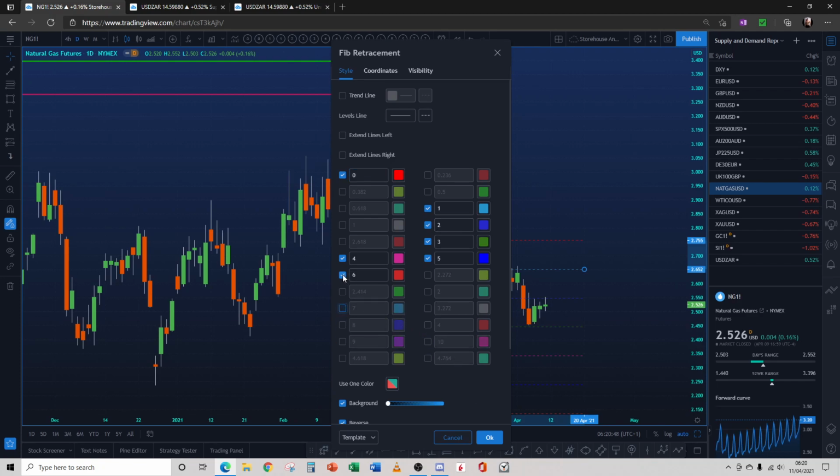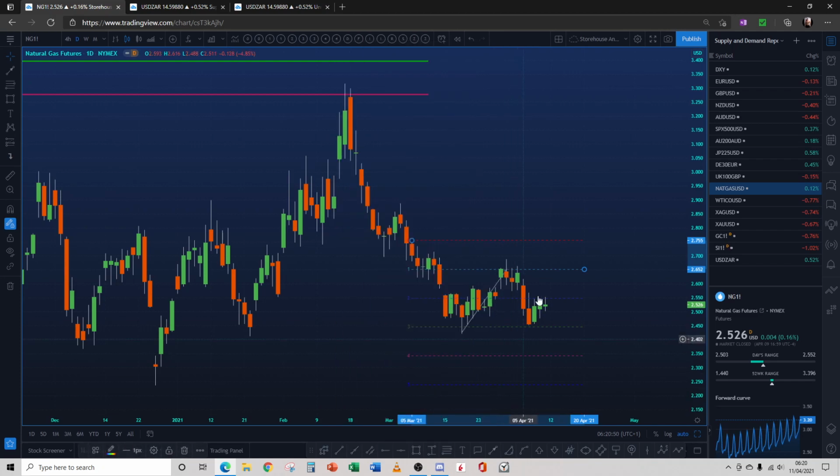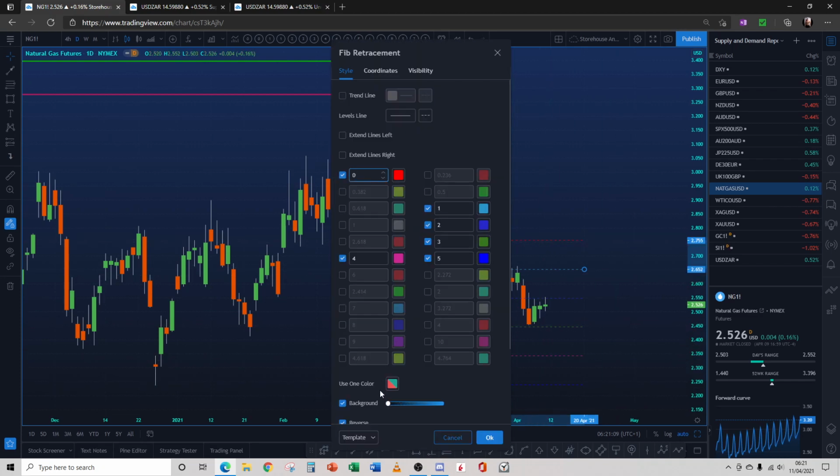I could take all of those off and just leave that. That will mean 4 times the size of the zone, because the zone itself is 0 to 1, and you'll have 1 time, 2 times, 3 times, 4 times the size of the zone. I hope that is clear. So just a little trick for you for modifying the Fibonacci tool there.